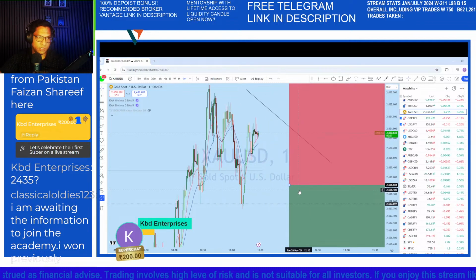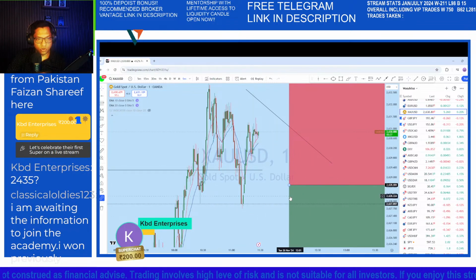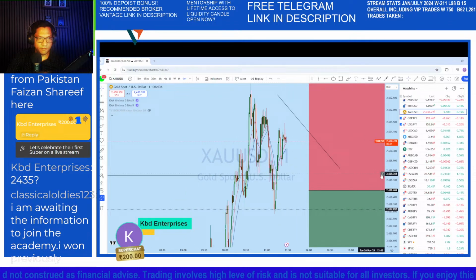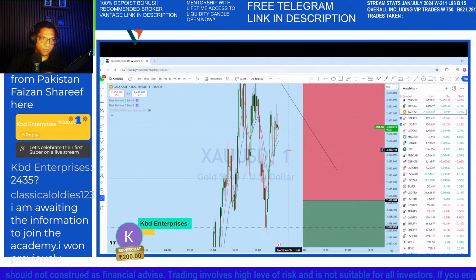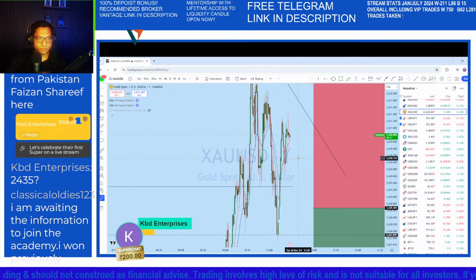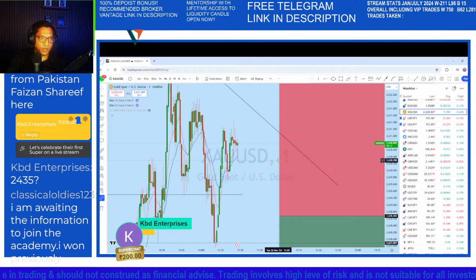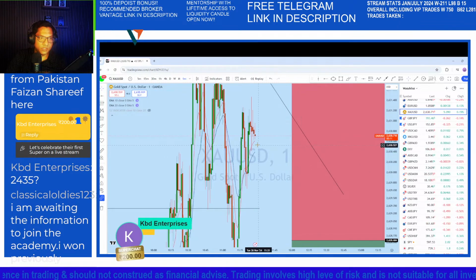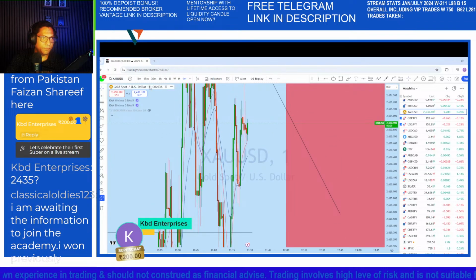Now, because it didn't break as we expected, if it drops below our entry, we might be going to exit, but at the moment holding it for further downside, and want to see it grab liquidity from here, and then after this liquidity grab, for the market to return back below this level.